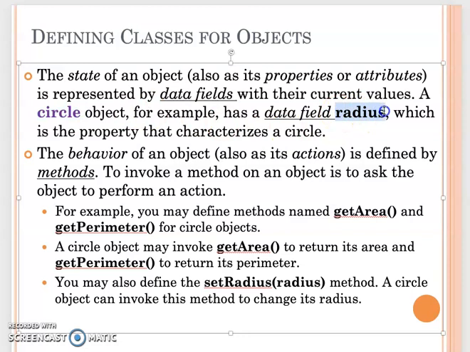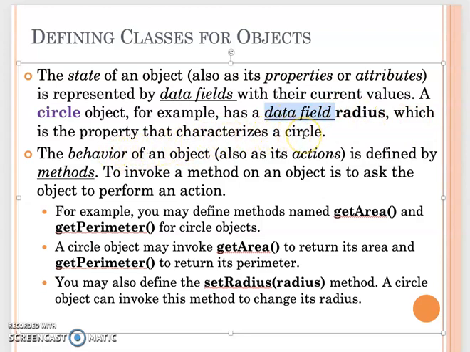So the radius actually identifies what this circle is. The radius is a data field for the circle, and it is the property that characterizes this circle.